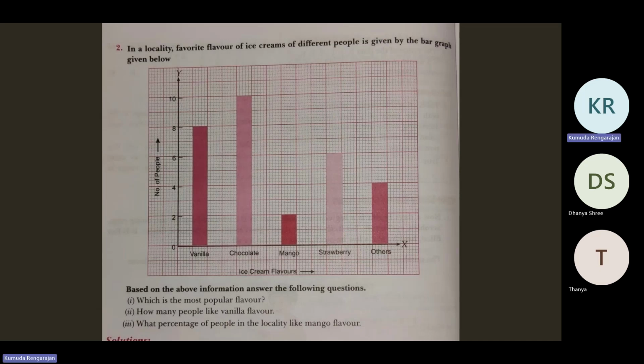Which is the most popular flavor? Chocolate. How many people like vanilla flavor? 8, ma'am. 8, correct.